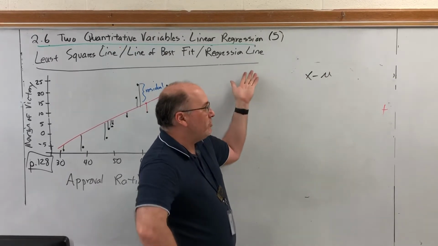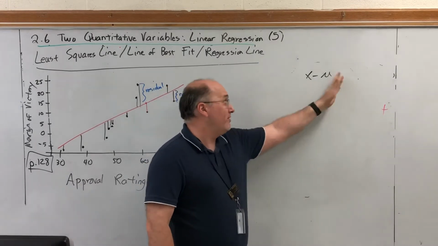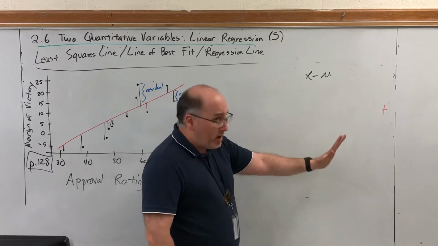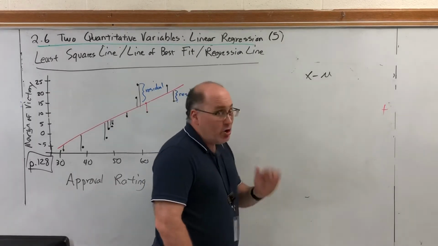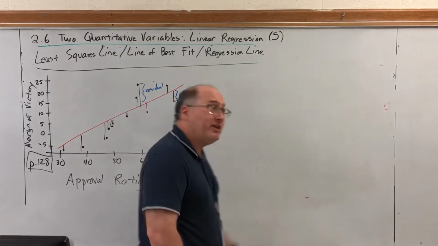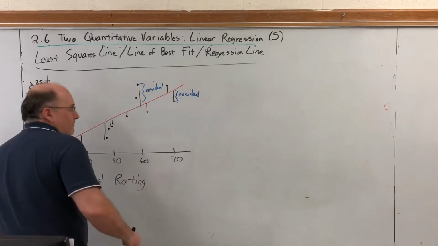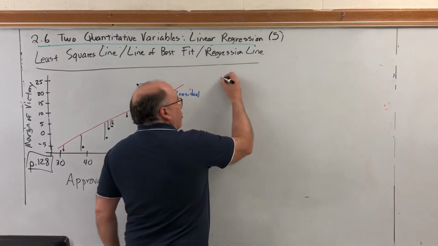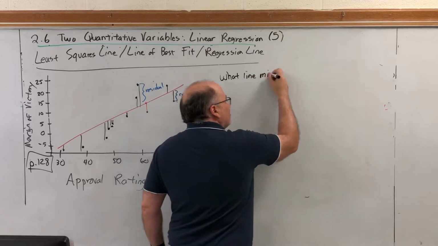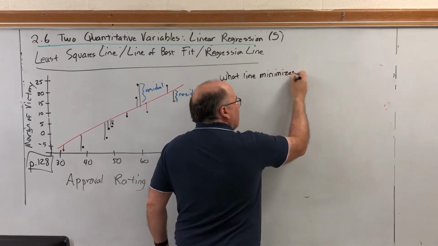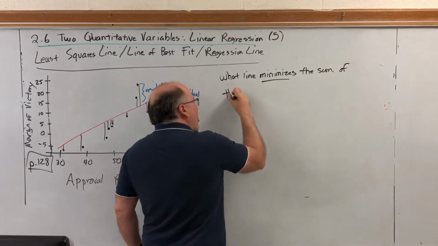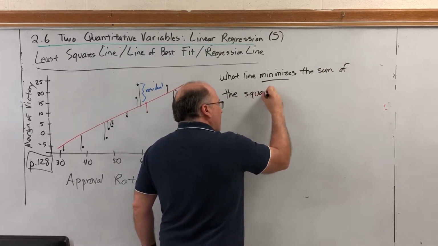So what did they do in the formula for standard deviation to prevent the sum of the deviations from always being 0? They squared them all, made them positive, had no chance of canceling. And that's the same approach that we would take here. To find the line of best fit, you have to answer the question, what line minimizes the sum of the squared residuals?